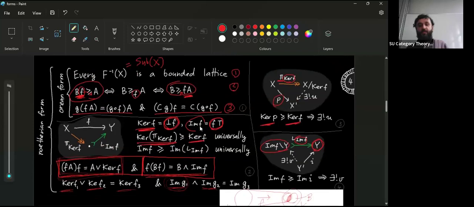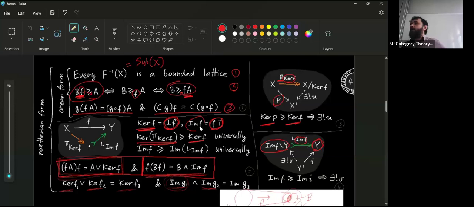Okay, so now what I'm going to tell you is that these axioms enable you to recover not only all the isomorphism theorems but also the homological lemmas, the diagram lemmas in homological algebra.